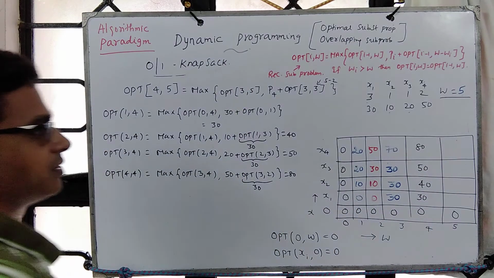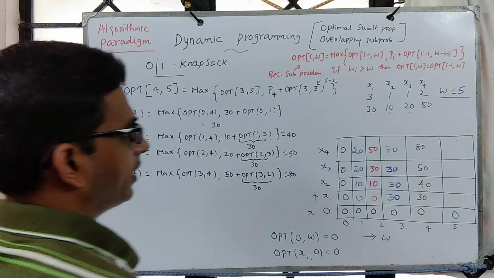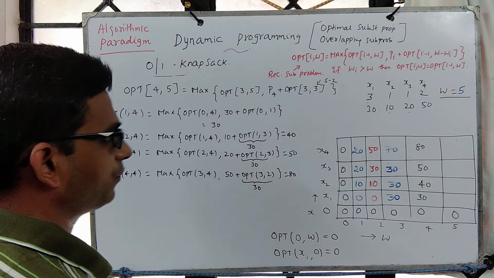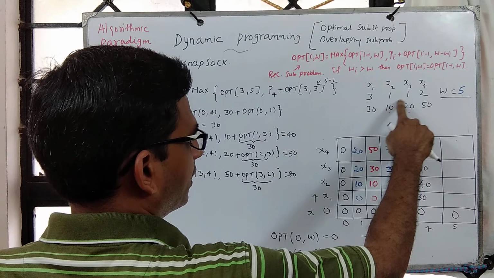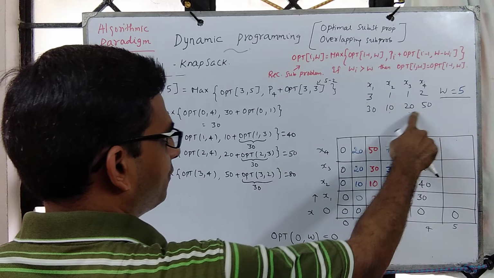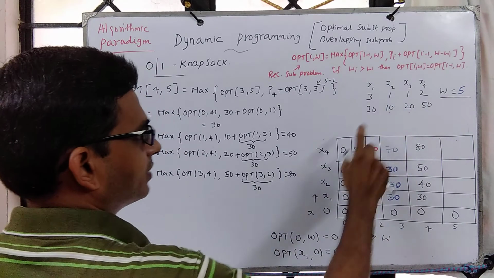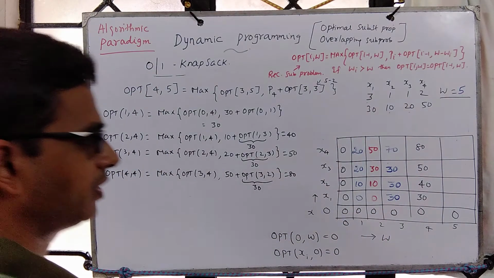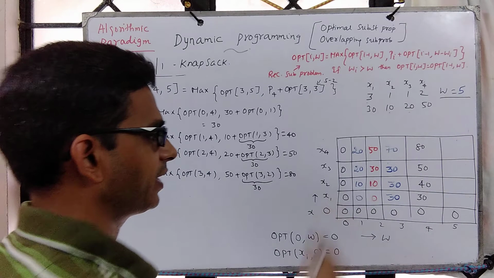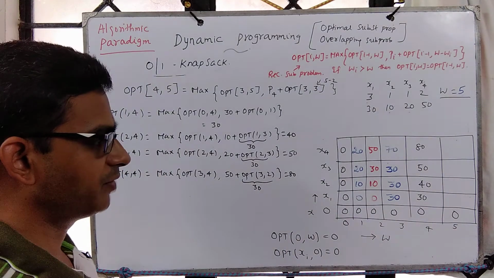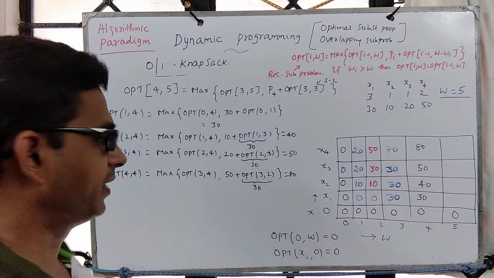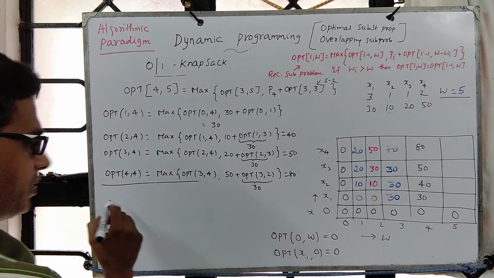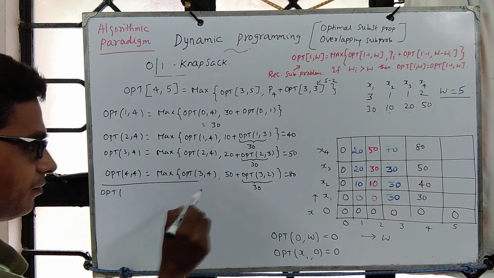So what it says is, work with first 4, and the local capacity is 4, which means one can pick these 3 and get a profit of 80. That's what this says. If you include these 2 or this and this, then the profit is smaller, and because those values are taken care of before, we can simply look at its subproblem from this table and update the entry. Fine.